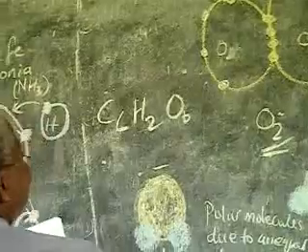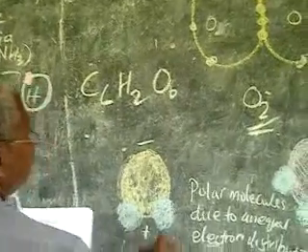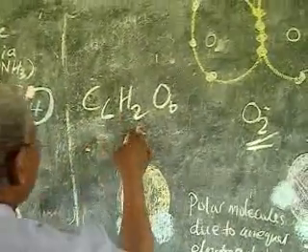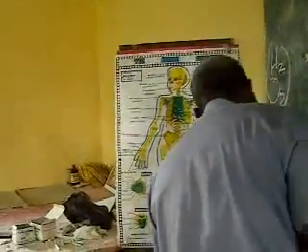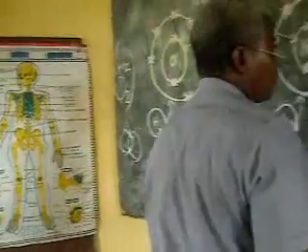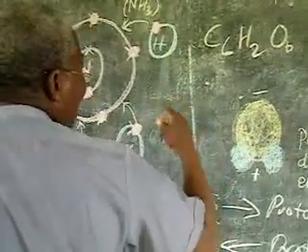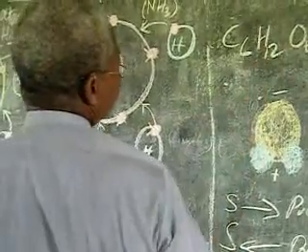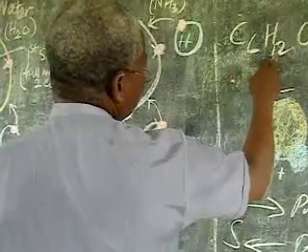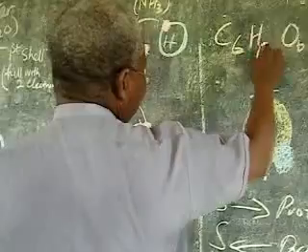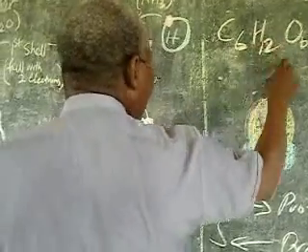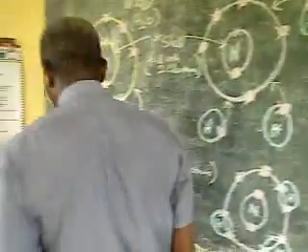As we have said, the ratio of hydrogen to oxygen is what? Ratio 2 to 1. So this one will be C6H12O6. Okay? That is ratio 2 to 1, and carbon to oxygen is 1 to 1. Okay?